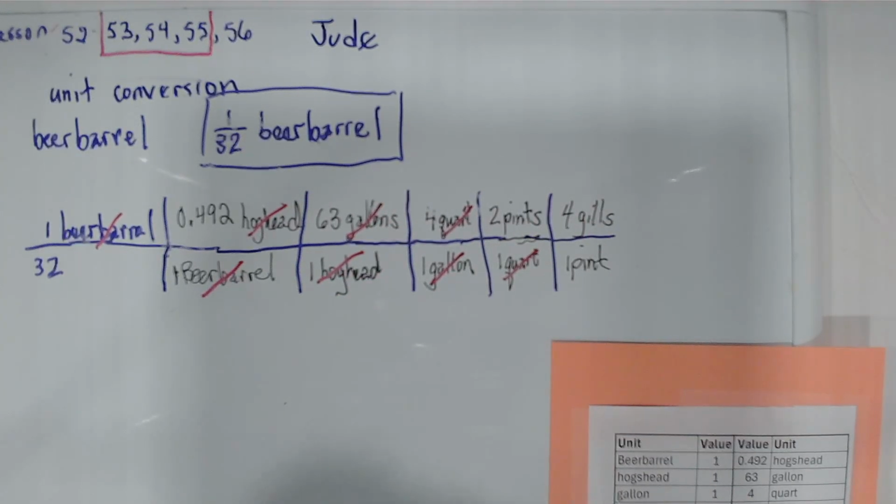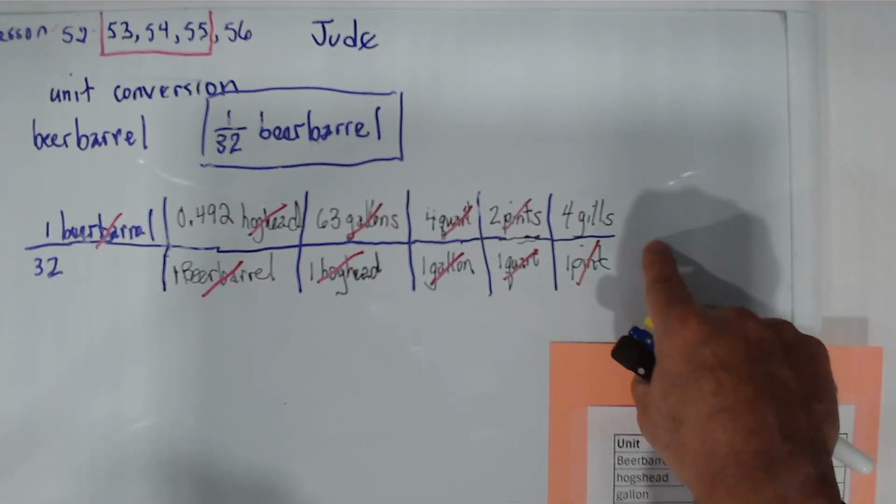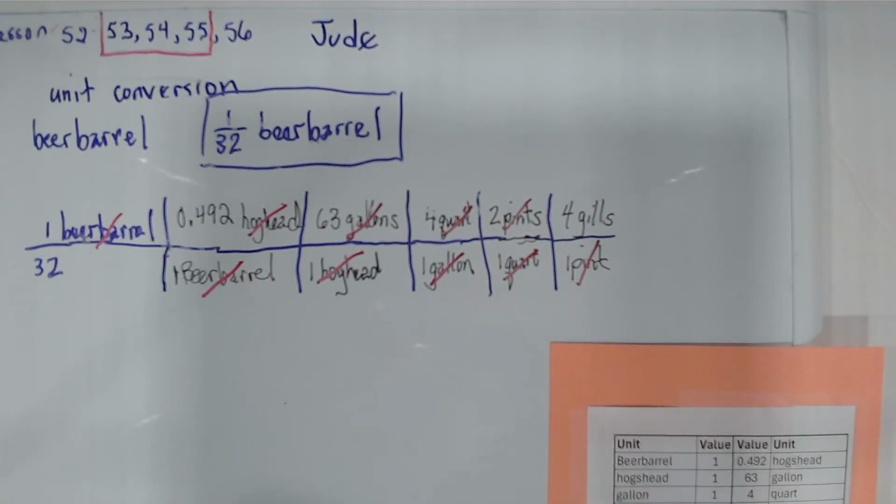I don't know where they got gills from. Hopefully not from fish, because that'd be kind of weird. And we would have pint cancel out. Now I've got 4 gills.